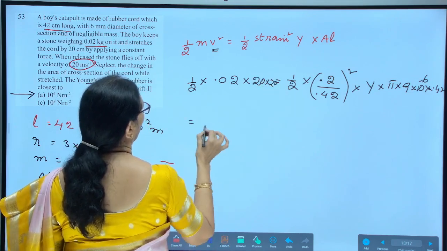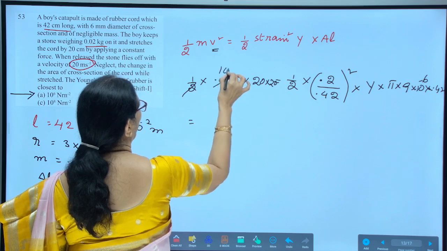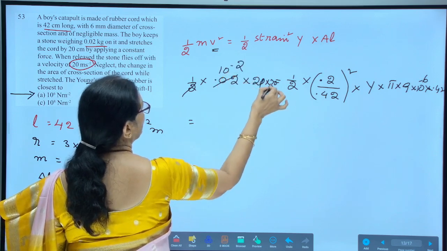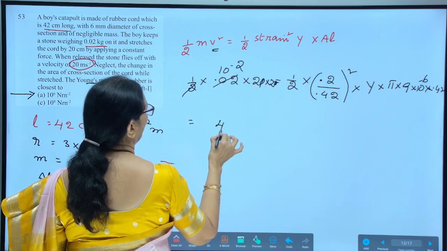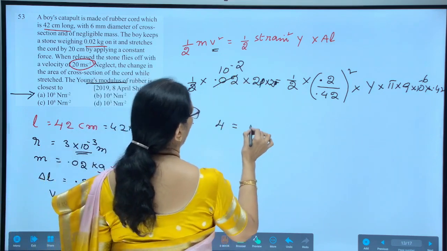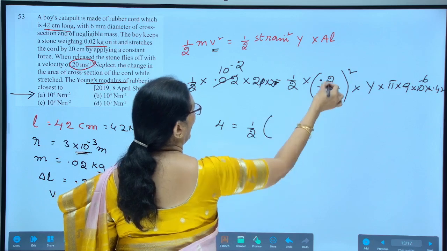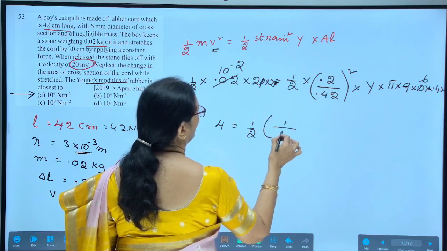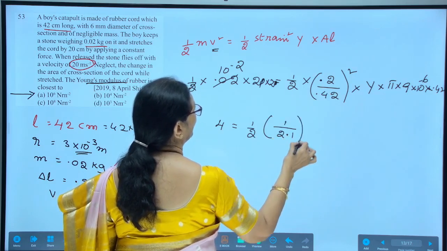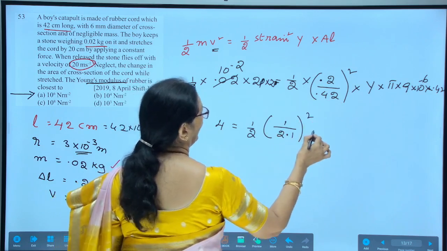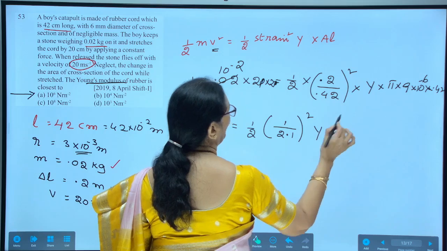Here this is 10 power minus 2, this and this get cancelled. So, 4 is equal to half, 0.2 by 4.2 is 1 by 2.1, whole square, Y into pi.